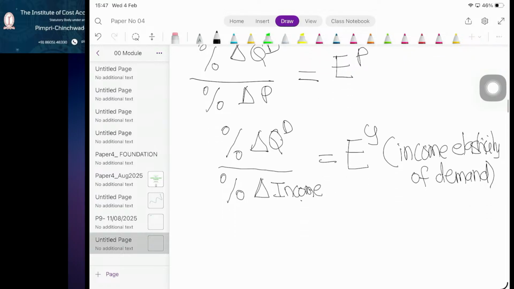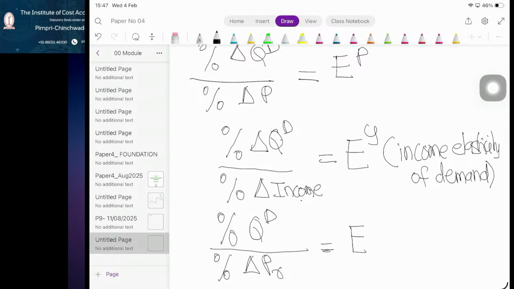Okay, and suppose I write percentage change in quantity demanded upon percentage change in price of related good. What elasticity will I get? Cross price elasticity.